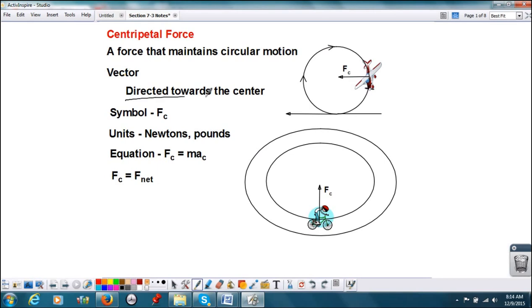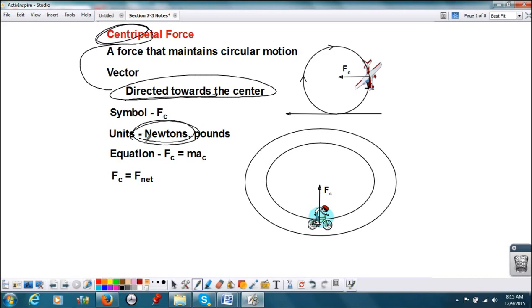The direction is towards the center, okay? Centripetal, center seeking. The symbol is F, because we always use F for a force, with the subscript C for centripetal. The units. In this class, we will use newtons, okay? Now, there might be some engineers and people in the United States who use pounds, but for the sake of our class, we are going to use newtons.